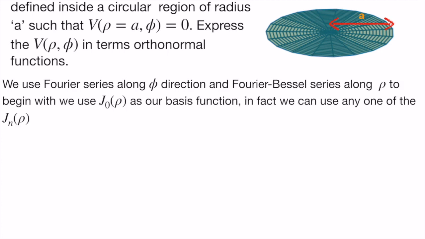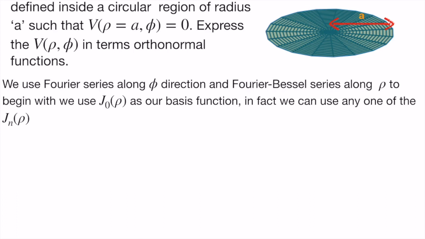Now, when it comes to the variable phi, we know that it is easy to express them in terms of a Fourier series. And when it comes to the rho variable, we have to use a Fourier-Bessel series.